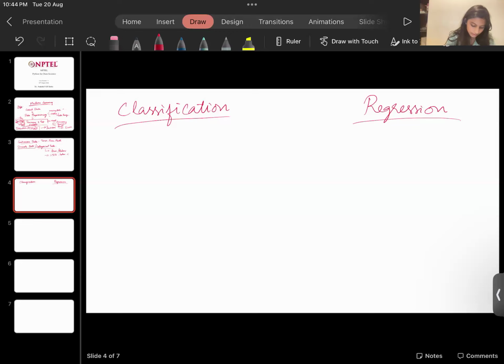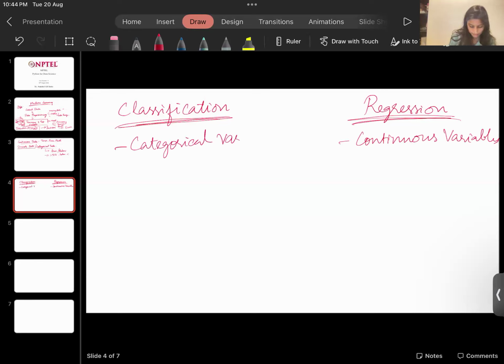Regression is the term basically for predicting continuous variables. And classification is a method that's used to predict categorical variables.